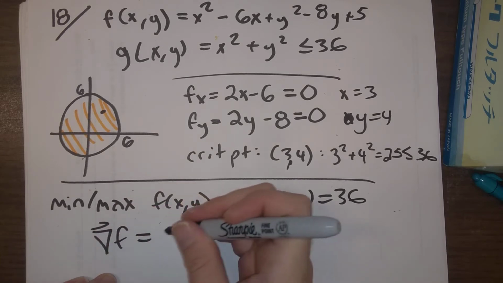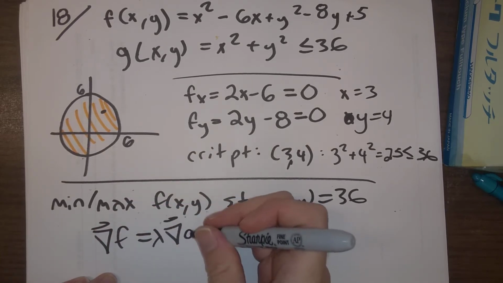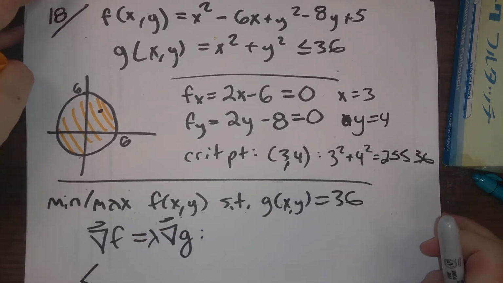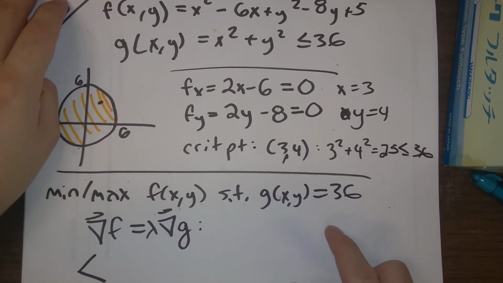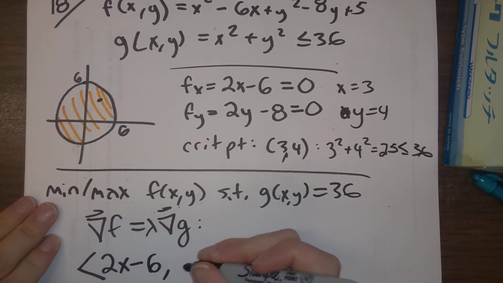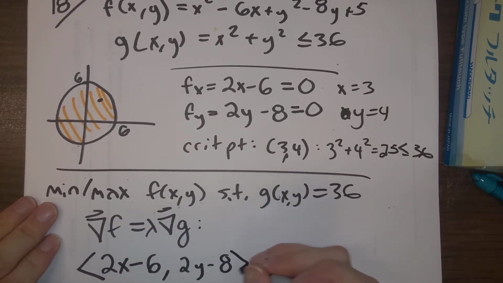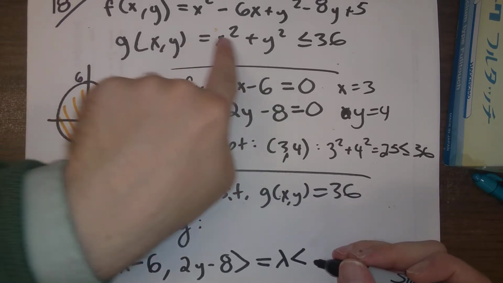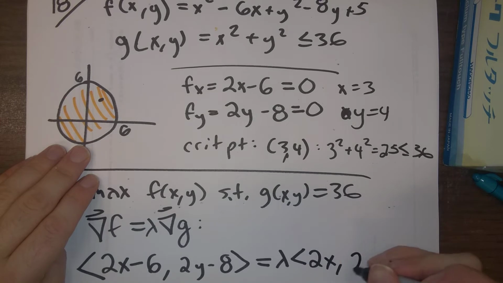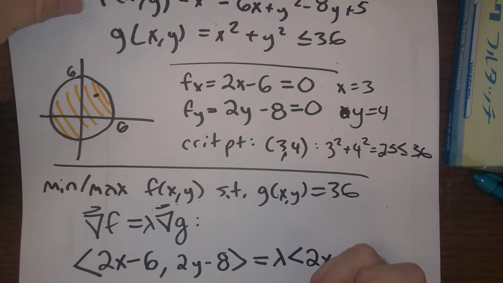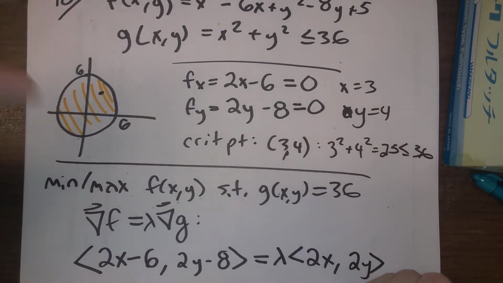Lagrange equations: gradient f is equal to lambda times the gradient of g. We've already calculated the partial derivatives for gradient f, so we can just list them off: 2x minus 6 and 2y minus 8. And that needs to equal lambda times the gradient of g, which is 2x and 2y. Okay, so we've done this part.